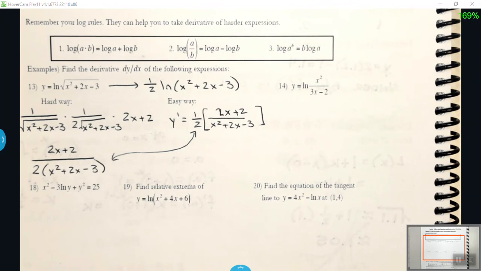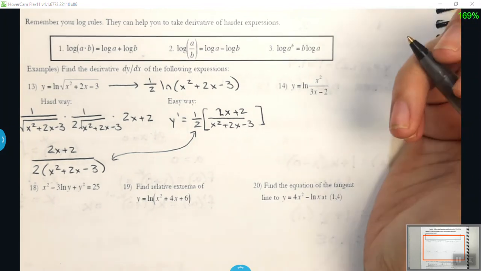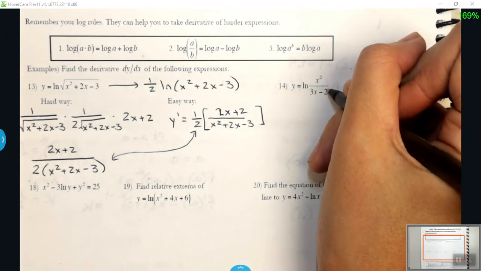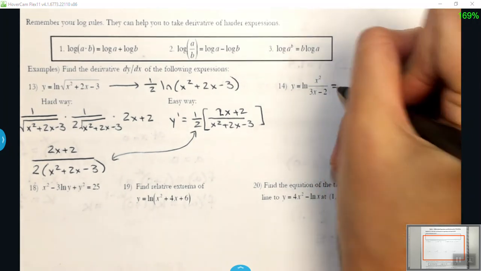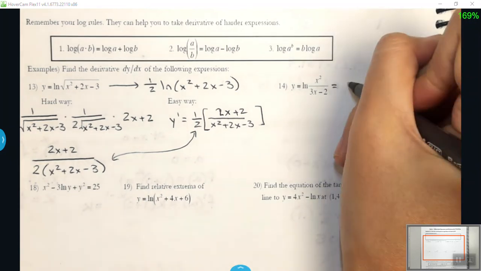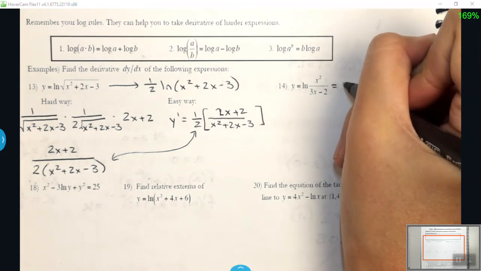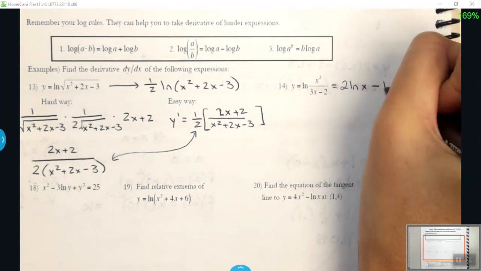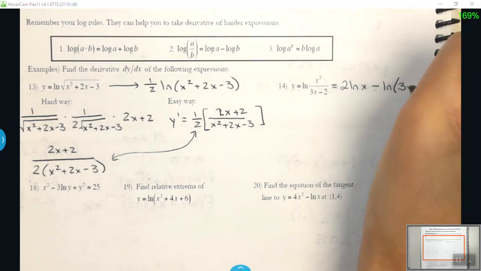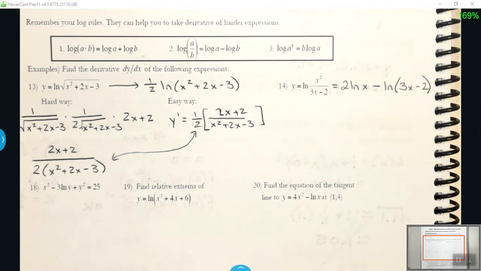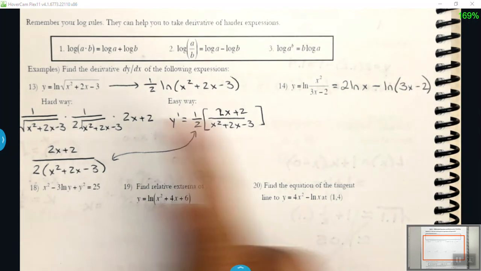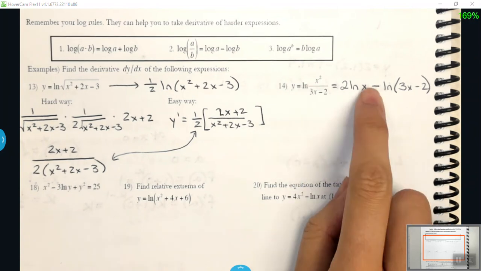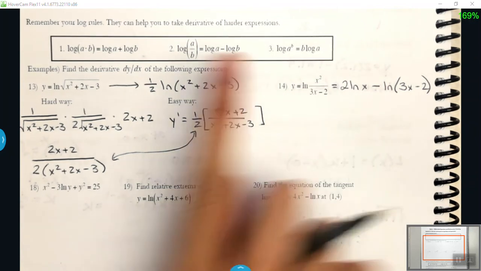Okay? All right, try this one. I'm going to expand it first, so I'm going to make this 2 natural log x minus natural log 3x minus 2, because the subtraction in natural log means divide, and then the exponent can go to the front.